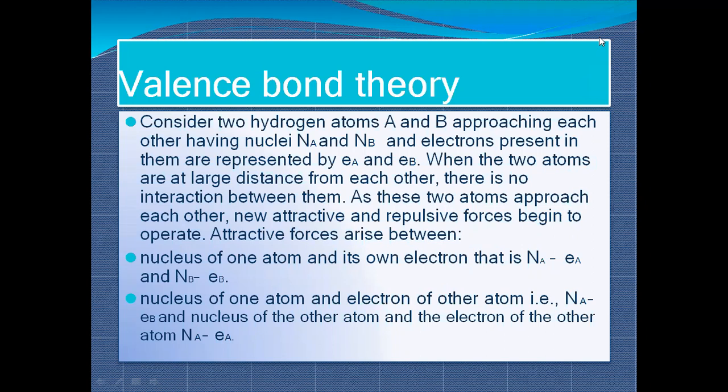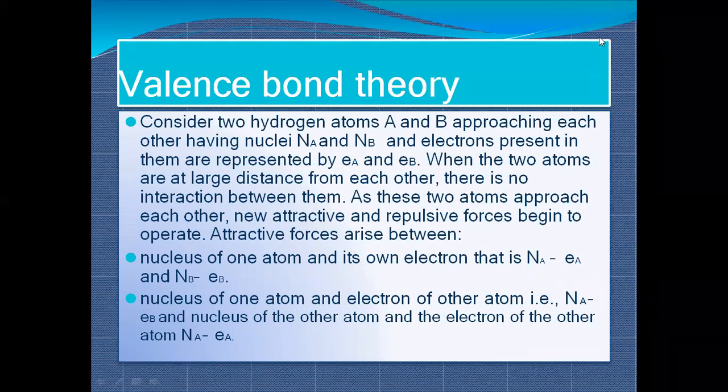As these two atoms approach each other, new attractive or repulsive forces begin to operate. Attractive force arises between the nucleus of one atom and its own electron, like Na and Ea, and Nb and Eb. So what happens?